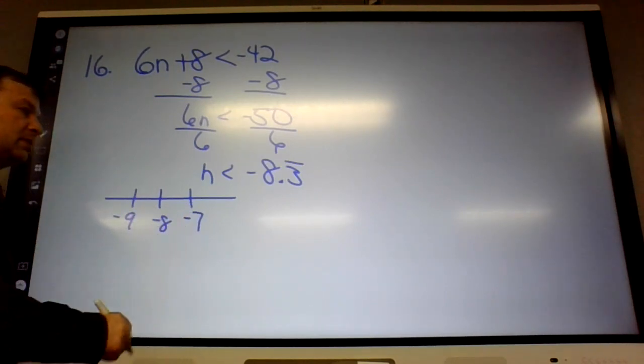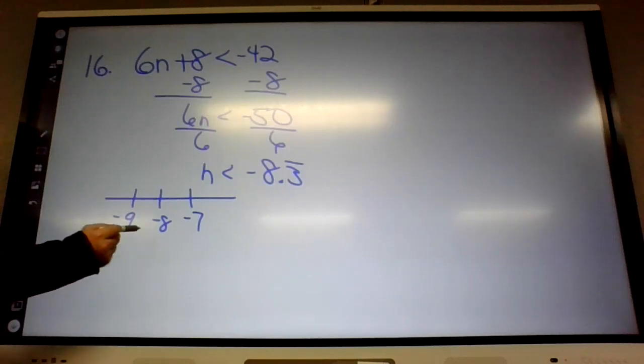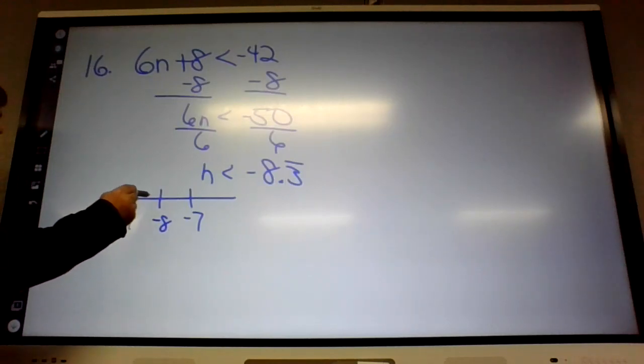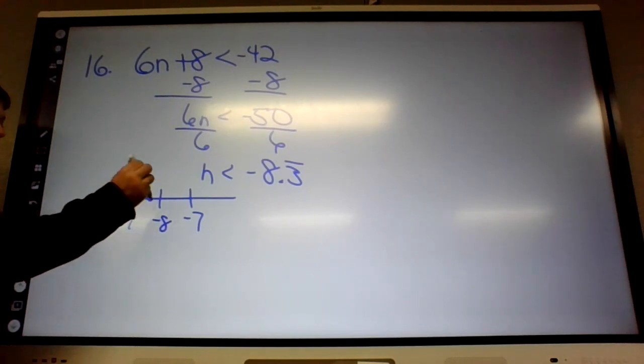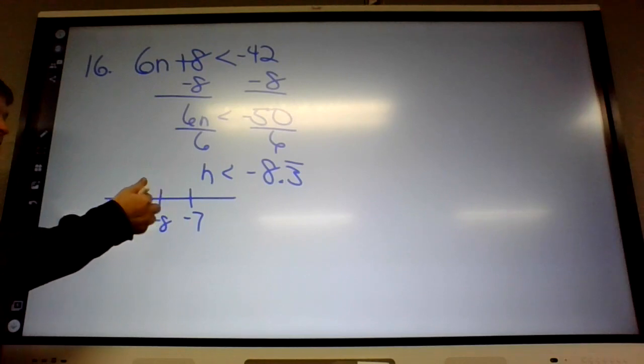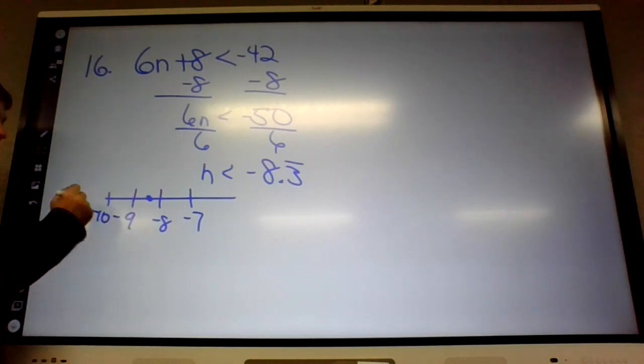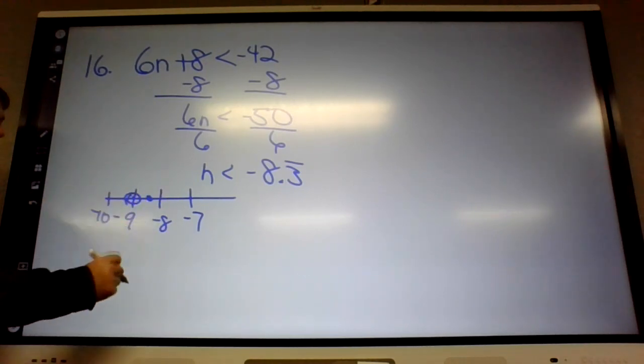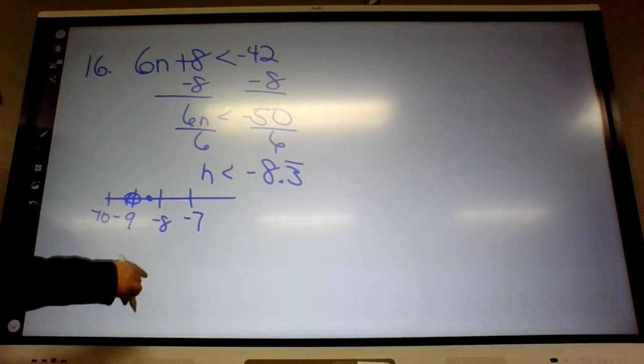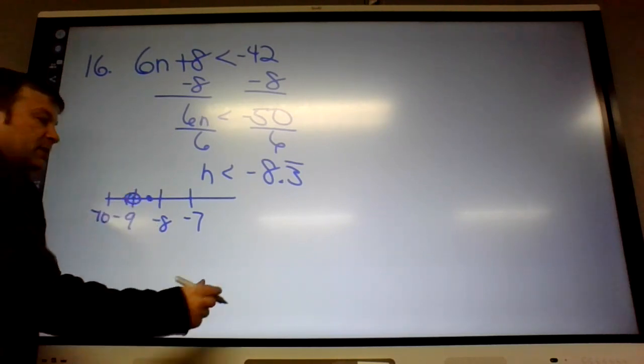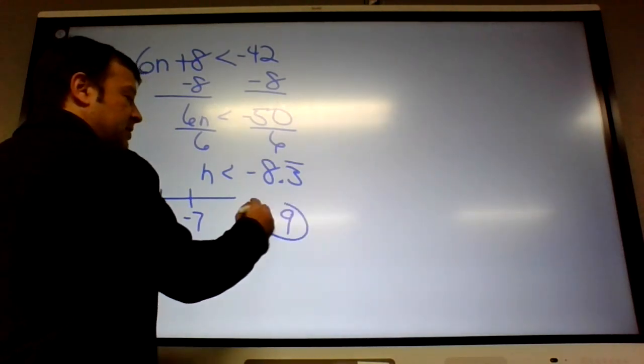Where's -8.3 at? -8 1/3 is right there. -9 is the biggest integer that's less than -8.3. So what they wanted was actually just the -9.